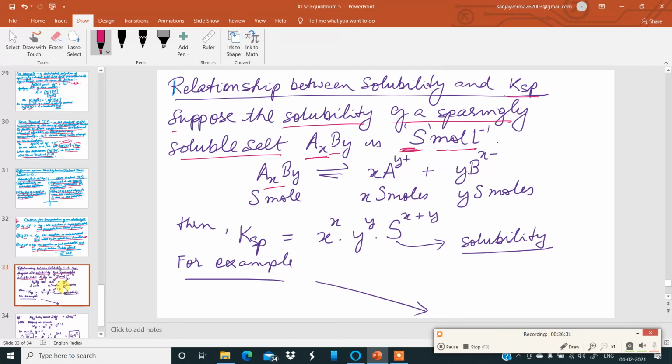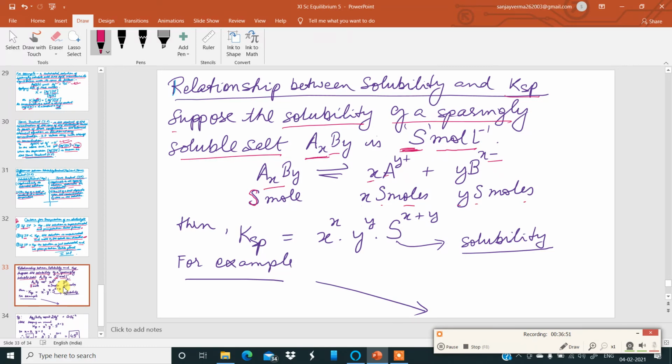Write the equation AxBy reversible to x A raised to the power y plus, y B raised to the power x minus, at equilibrium. So let it be S mole initially. This will be xS moles, yS moles.